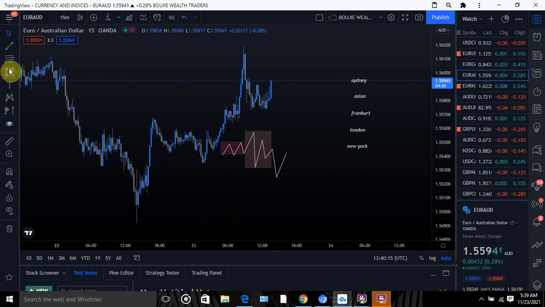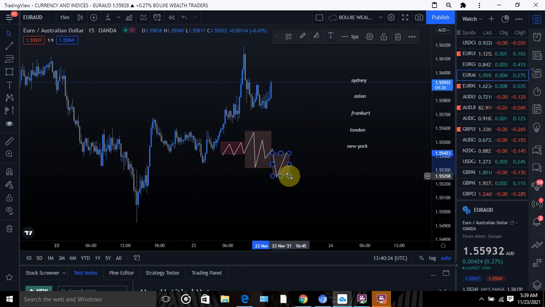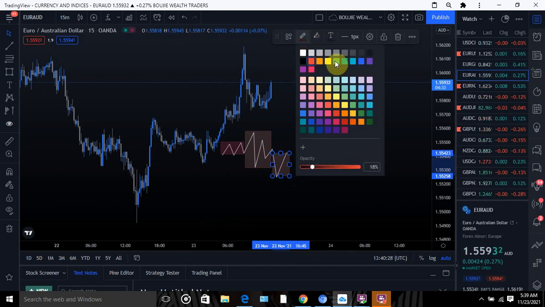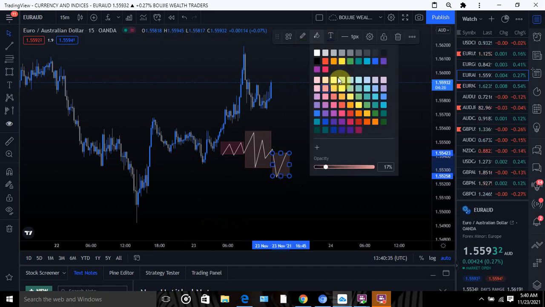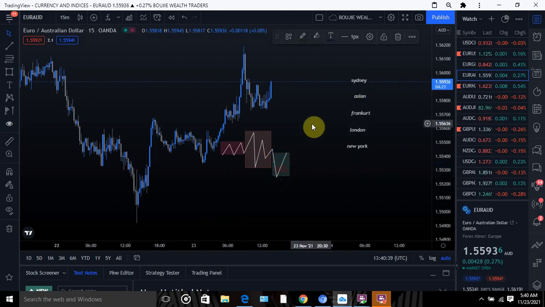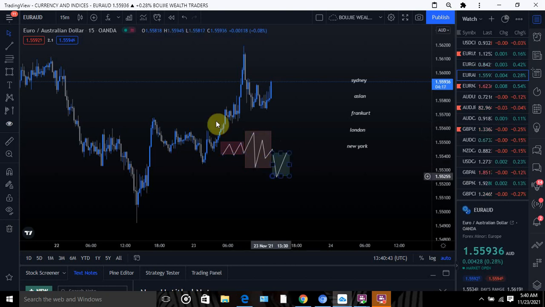Then the Frankfurt breaks either the low or the high of Asia. This is what happens. It will depend on the daily bias of the structure of the market.